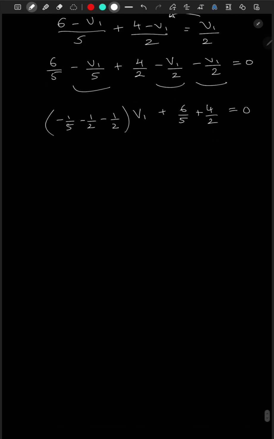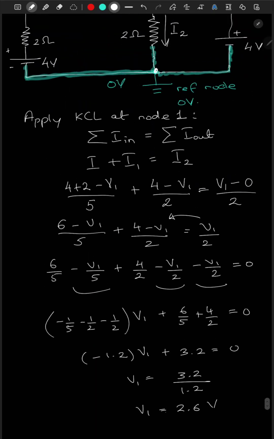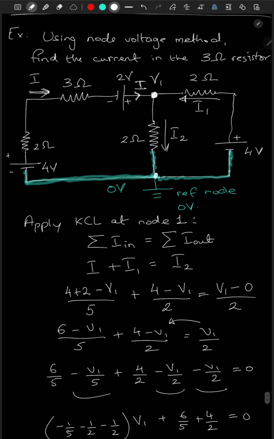Okay, so this would give you minus 1.2 times V1 plus 3.2, and this will give you 0. And therefore, you can find V1 is equal to 3.2 divided by 1.2, you'll get 2.6 volt. V1 is 2.6 volt. Okay, this potential is 2.6 volt. Let's write it as 2.6 volt.